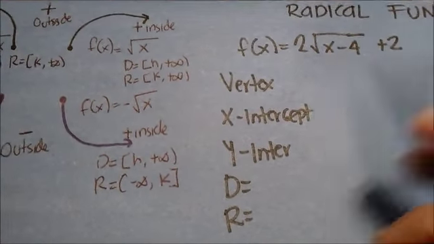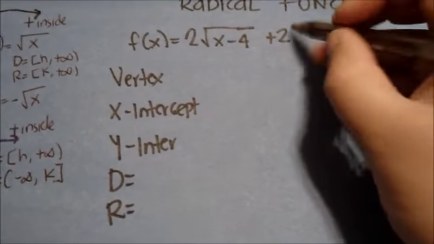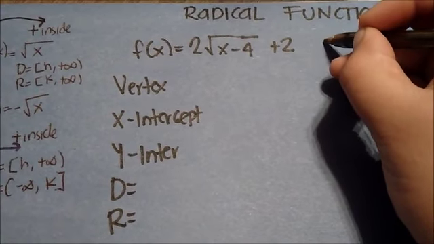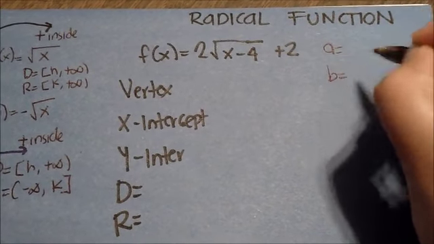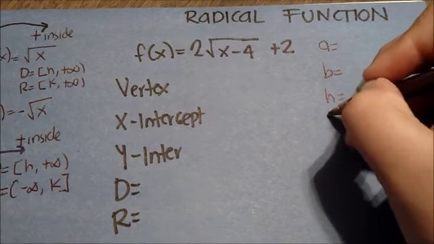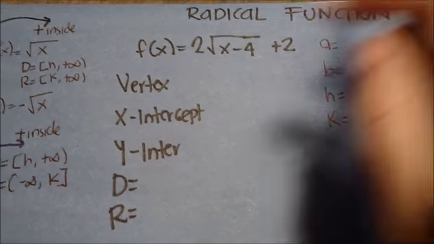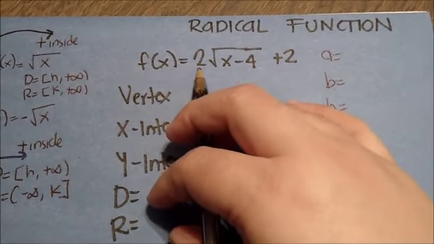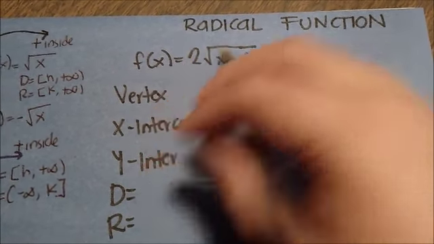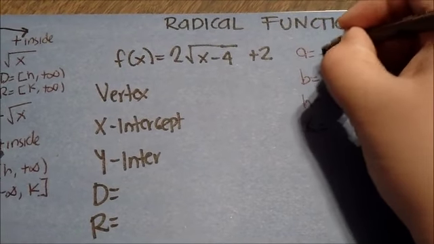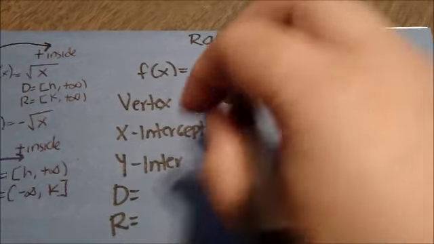So let's see. I told my students that they need to find a, b, h, and k values with their signs. A is the number outside our function, so it's plus 2.